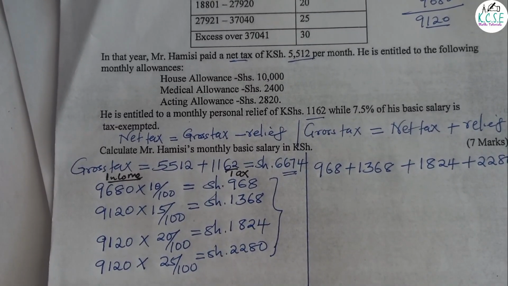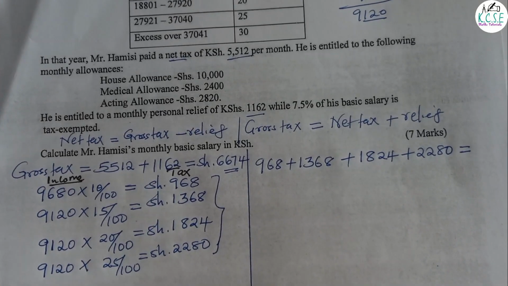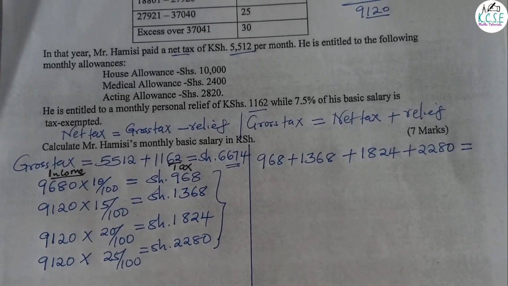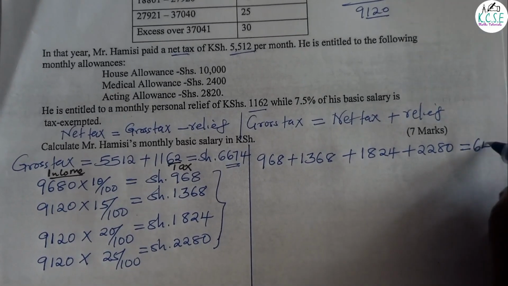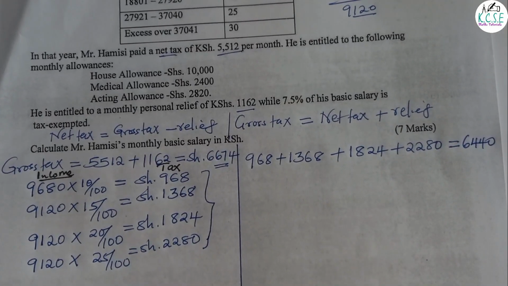When you add these, this is what you're going to get: 6440.